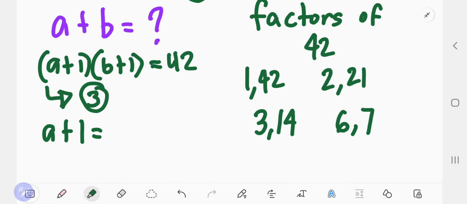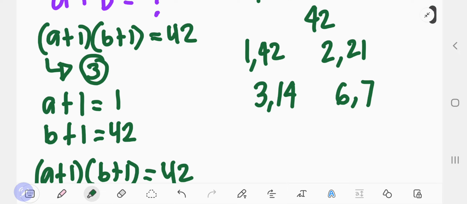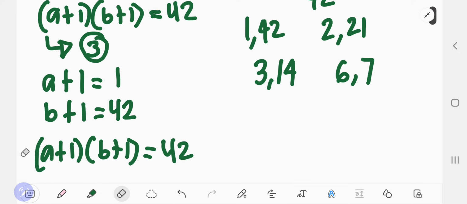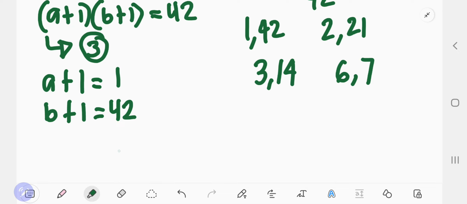So a plus 1 is equal to 1 and b plus 1 is equal to 42. We can subtract 1 from both sides of both equations, so the value of a is equal to 0 and b is equal to 41.